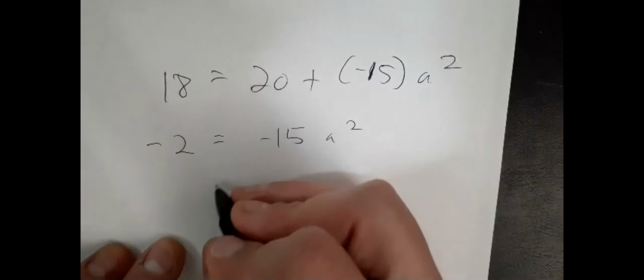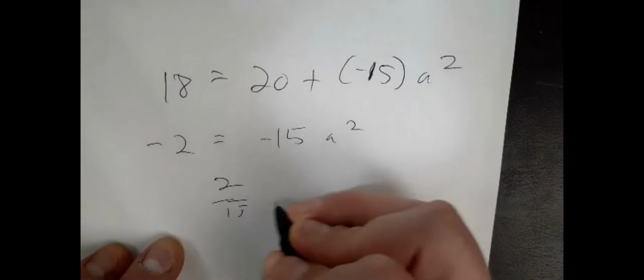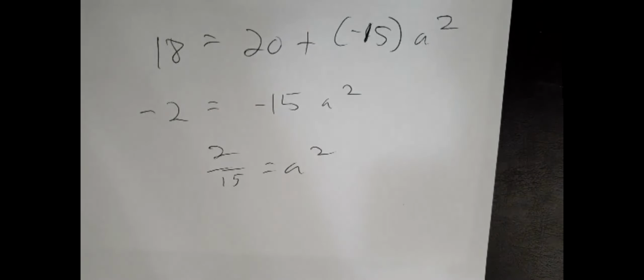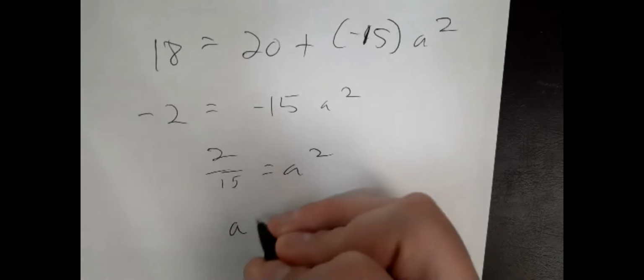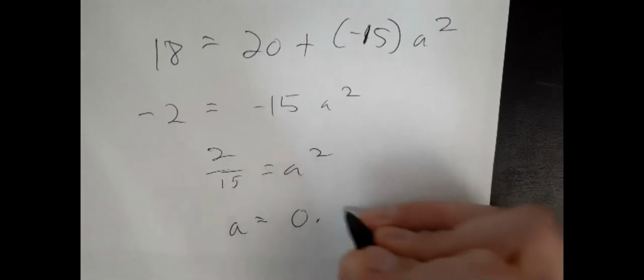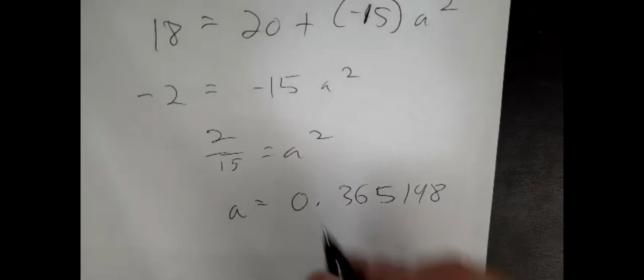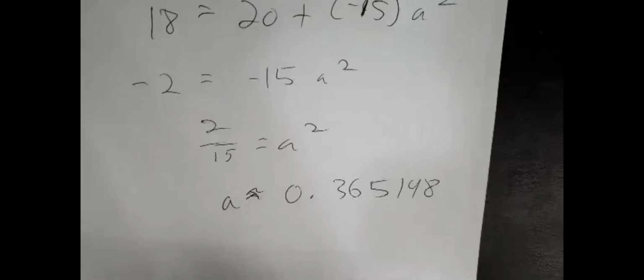Not the prettiest thing. So I think 2 over 15 is going to give me A squared. And typically when we do a square root, we want to take plus or minus. So I'm going to round it to positive.